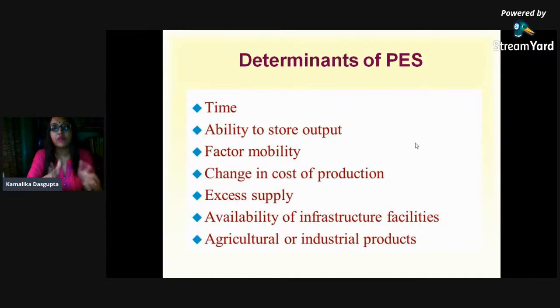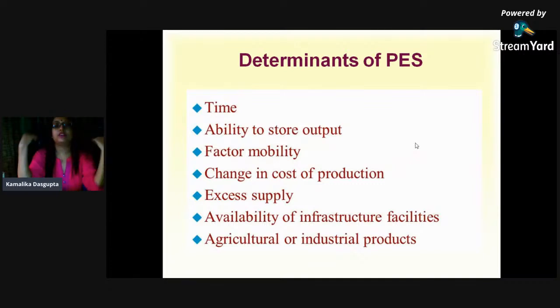If factor mobility was not there, you cannot shift the labor force from factory 1 to factory 2, and you will not be quickly responding to market condition changes. So your price elasticity of supply is going to be higher if factor mobility is present.